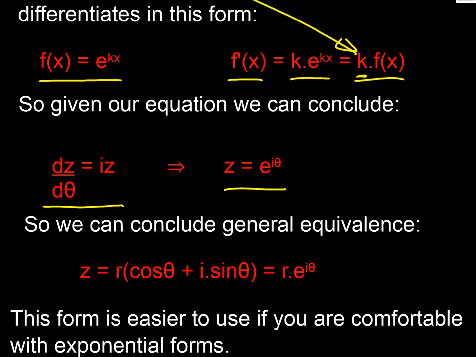If I extend that by bringing our r back to generalize it, then r (cos theta plus i sine theta) must equal r e to the i theta. We may find that this form of writing a complex number in polar form is actually simpler to use, and we'll have a look as we go through.